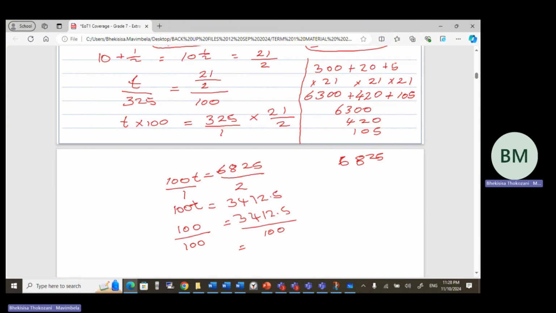And remember what we said? We have to move the decimal point.